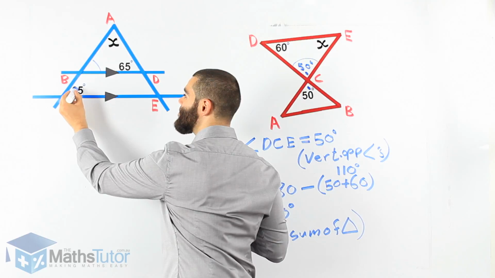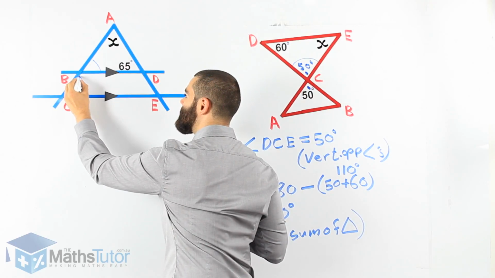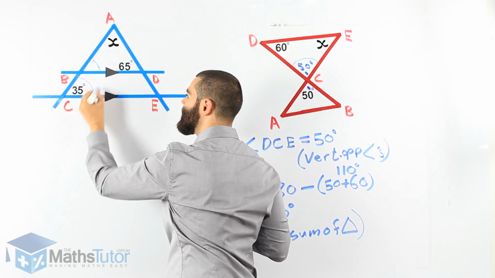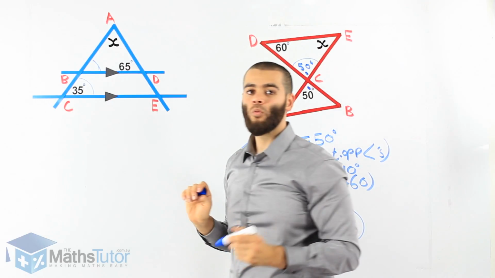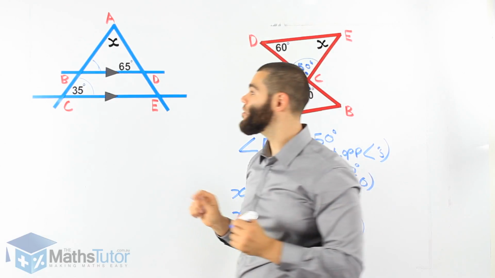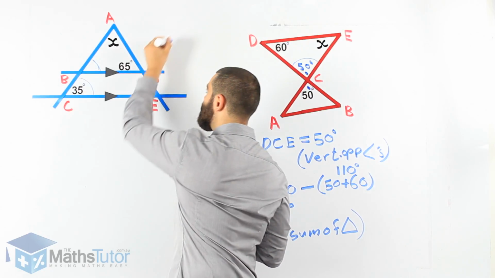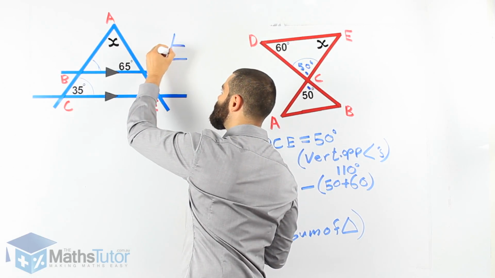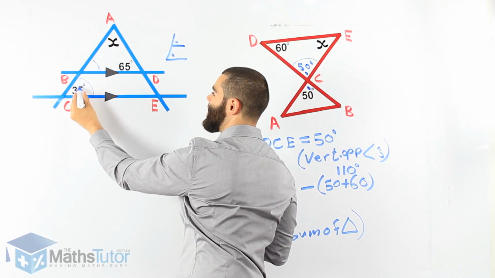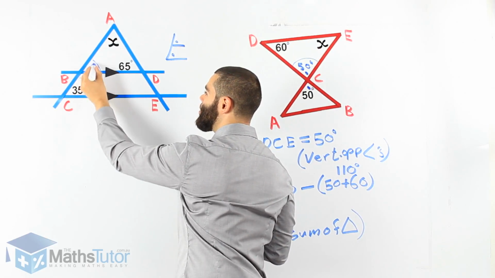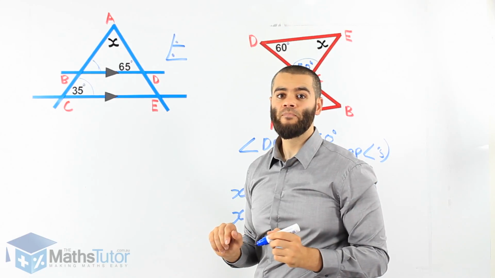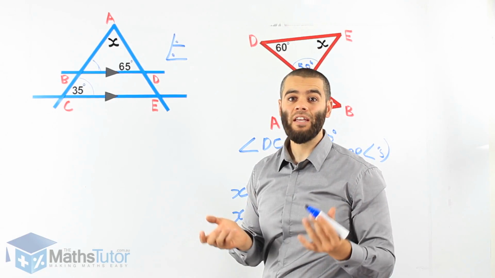This is 35. Now we know that this angle here and that angle there, in parallel lines, are corresponding. So in fact, they look like this. They make an F-looking shape. We know corresponding angles are equal in size.